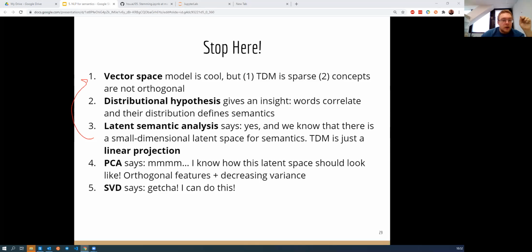Latent space analysis says that we will apply low rank approximation with orthogonal vectors for our initial representation to solve the problem of orthogonality, and also together solve the problems with storage, with the computational speed, and so on. So multiple positive effects here. And principal component analysis and the SVD, singular value decomposition, as the engine for this method, they give us the answer how to introduce the latent space analysis.